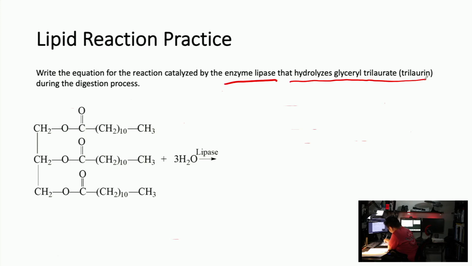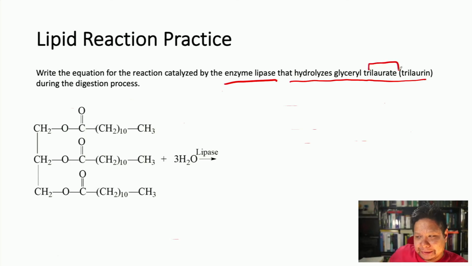Oh, by the way, if you didn't know this, laurate is like lauric acid, which, when you use it to make soap, is the stuff that's in your shampoo, by the way, right? So if you look on the back of the bottle of your shampoo, most of the time you'll see this molecule in there, and it's sodium lauryl sulfate, right?